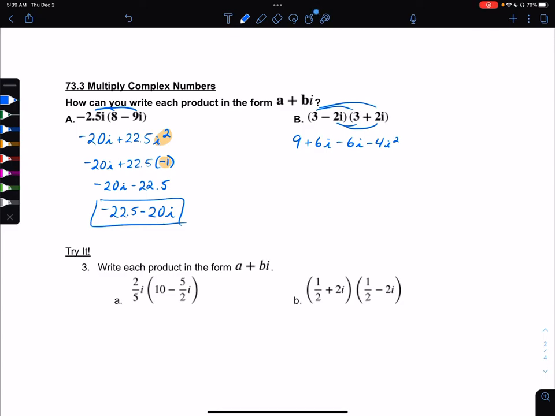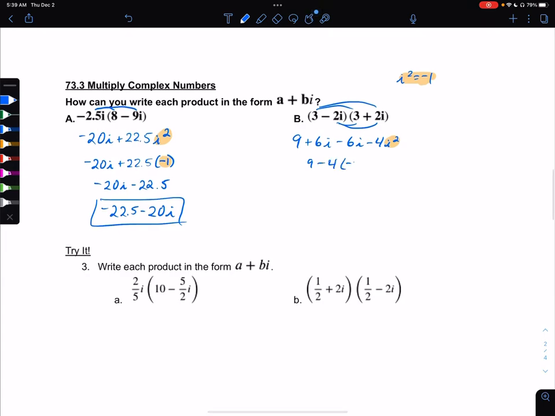From here, we want to look to combine any like terms, and we also want to remember that i squared is negative 1. So the 9 stays the same. Positive 6i minus 6i, those two will cancel out. And then we're going to subtract 4 times negative 1.